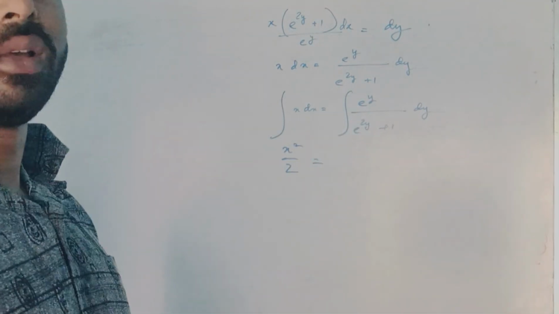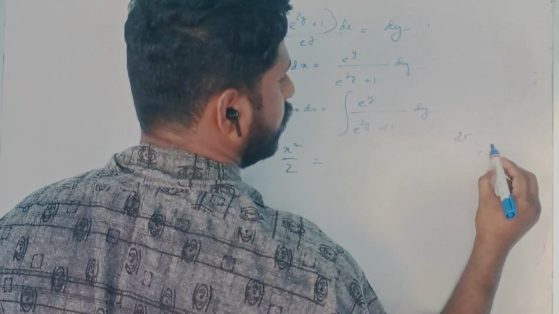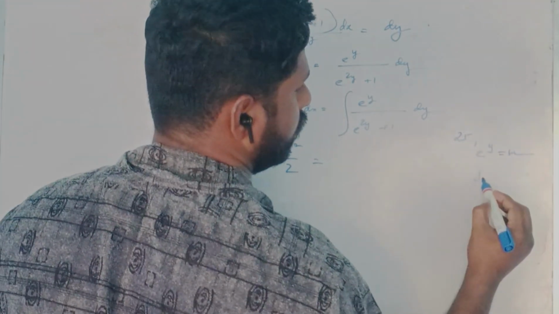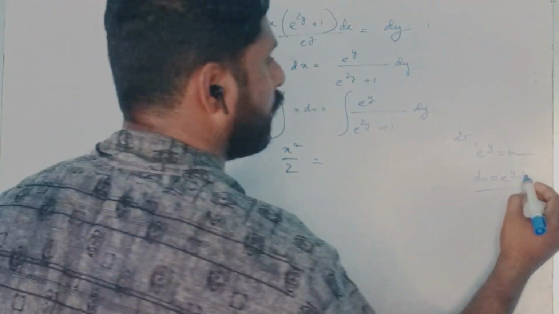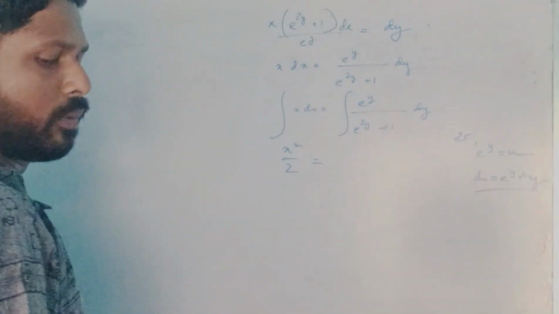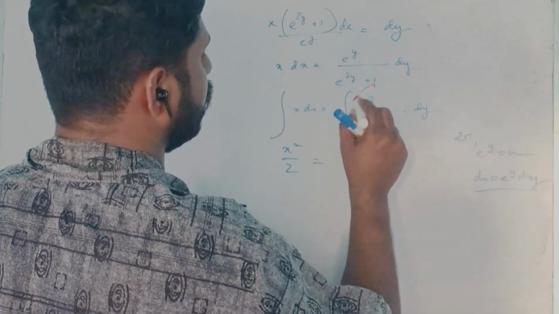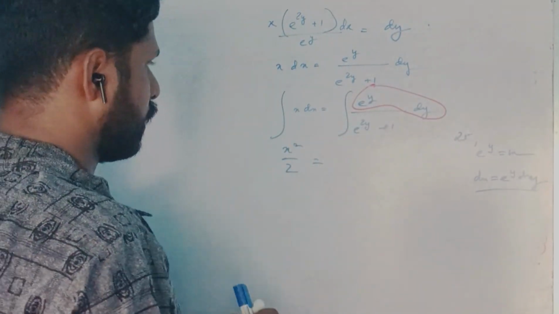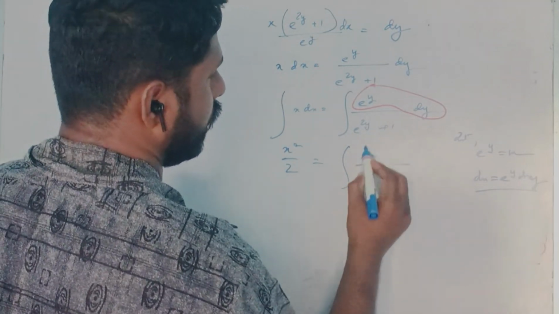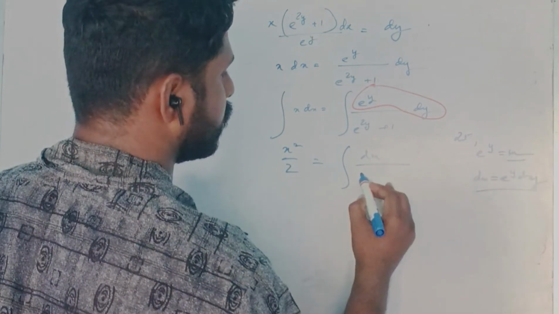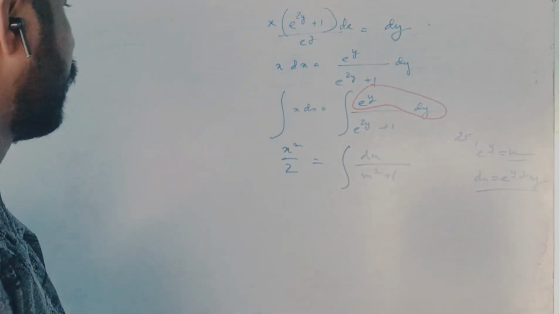Integration of x dx is very easy, it will be x square by 2, but for e^y by (e^(2y) + 1) we have to substitute. Let e^y equals m, then dm equals e^y dy, right? So e^y dy becomes dm, and e^(2y) becomes m square, so it will be dm by (m square + 1).